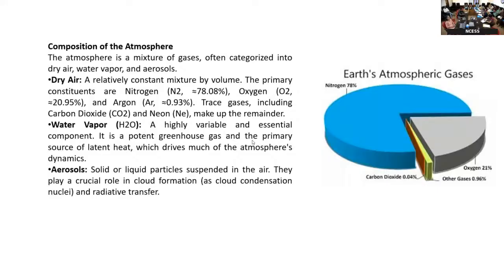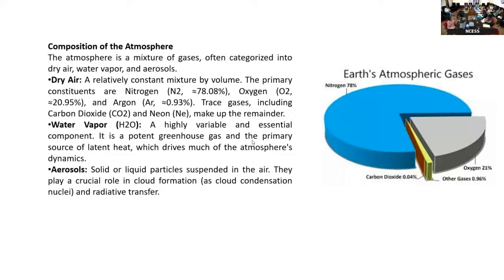Then there are the trace inert gases like argon, which is less than 1%, or 0.93%. They have less effect on the climate or state of the atmosphere. But what determines the state or temperature of the atmosphere are gases like carbon dioxide and water vapor, which have a concentration of less than 1% in the atmosphere.